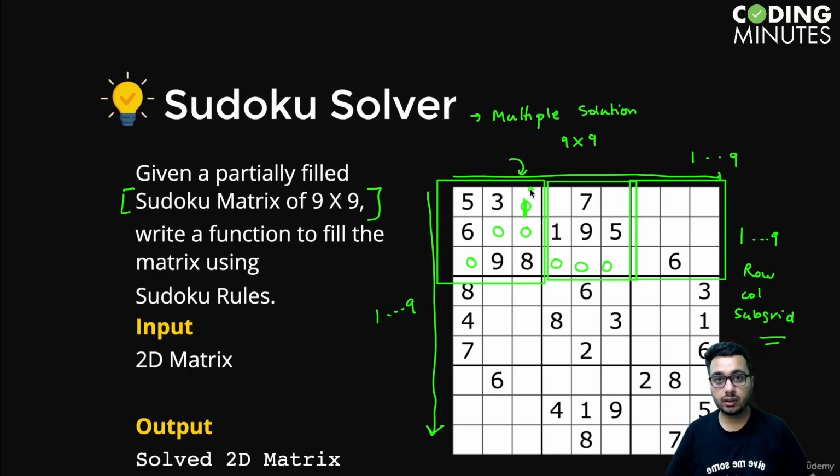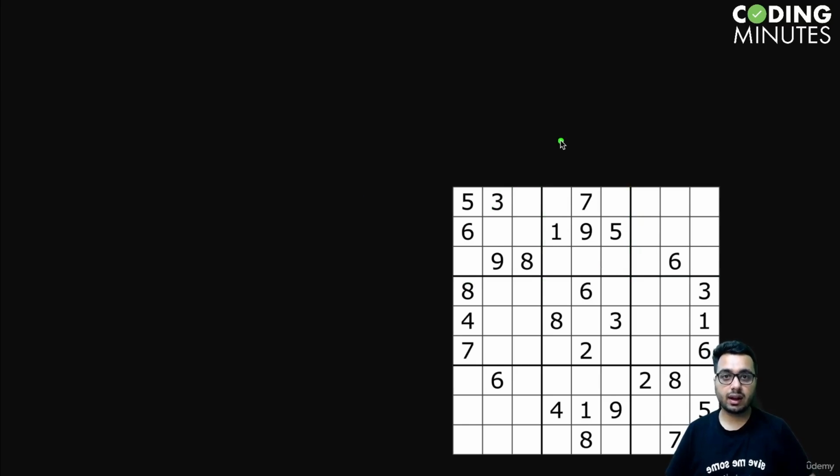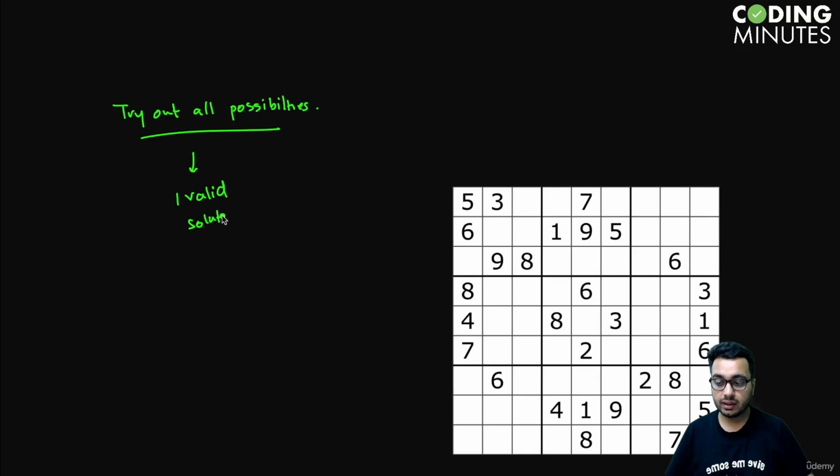Let us think in terms of a brute force solution, how we can try out all possibilities. This is the only thing that we can think of in this case, and we will stop once we get one valid solution.